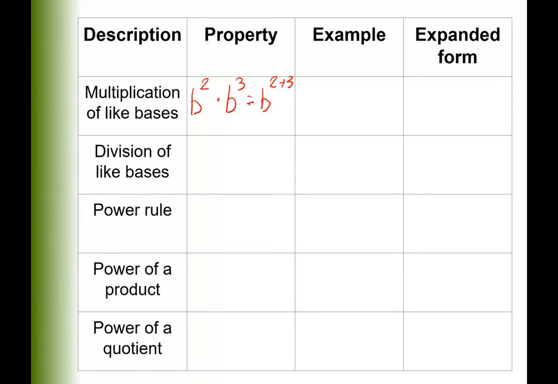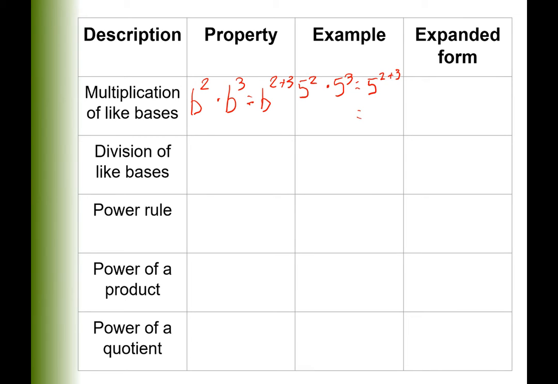Say we have 5 squared times 5 cubed. What we're going to do is keep the base, which is 5, and we're going to add 2 and 3.